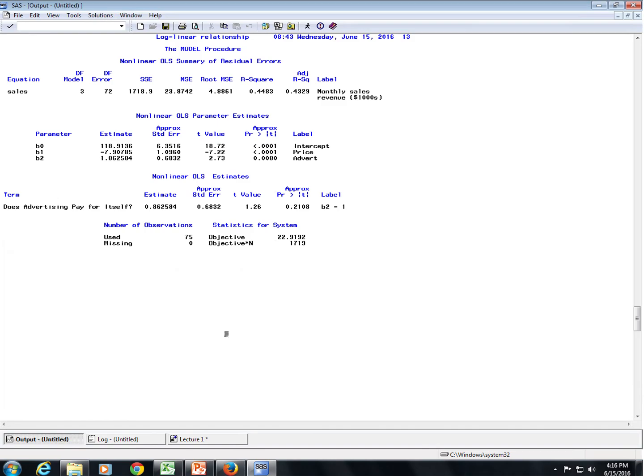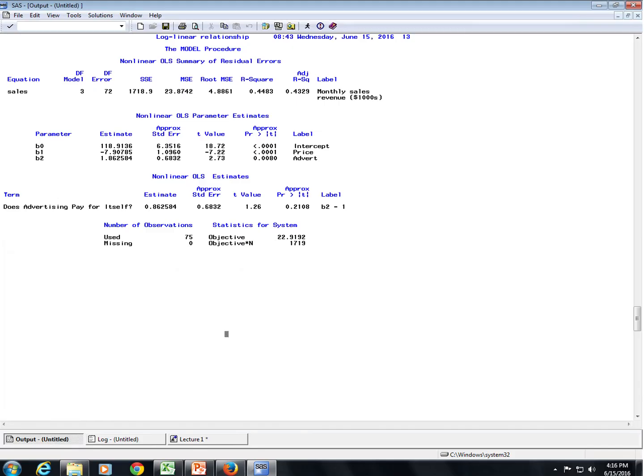That's testing whether or not beta 2 is equal to 1, or alternatively, whether their difference is equal to 0. We find that the p-value is 0.2108. So it's basically saying that we don't think the advertising coefficient is significantly different than 1, which means that we don't have statistical evidence to suggest that advertising is in fact paying for itself.